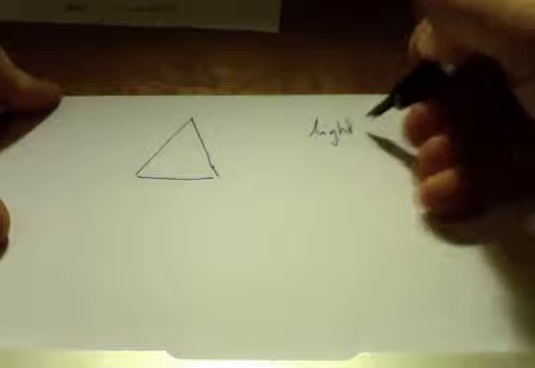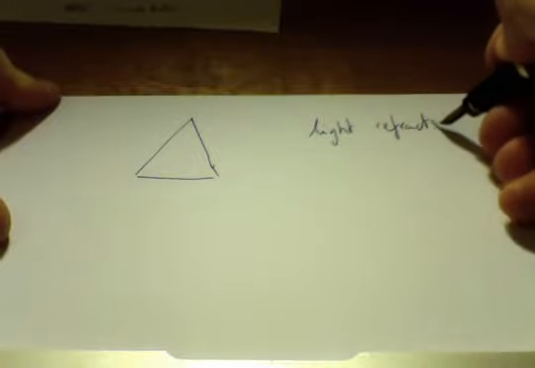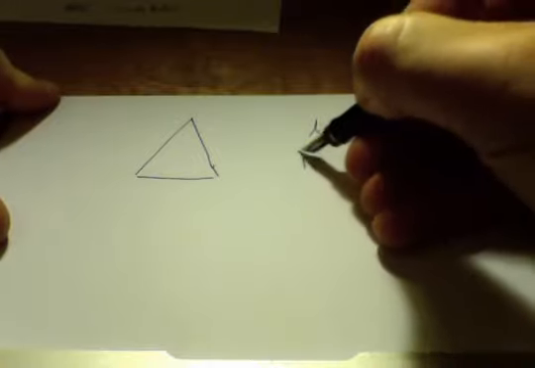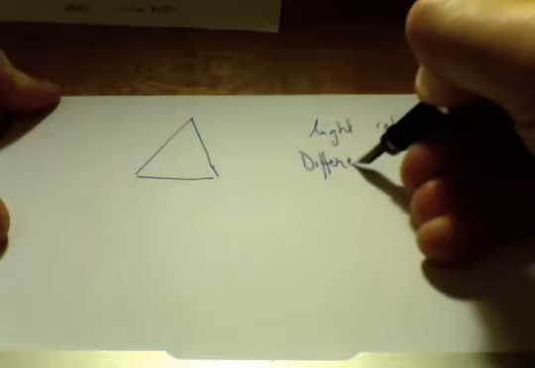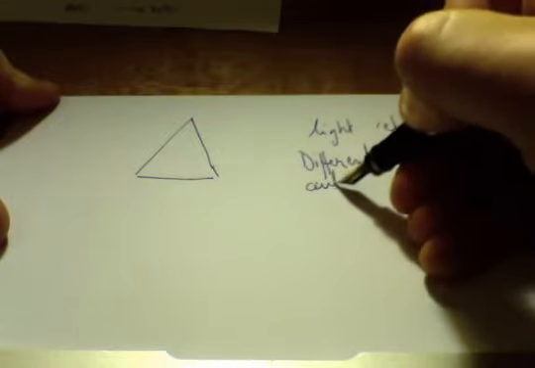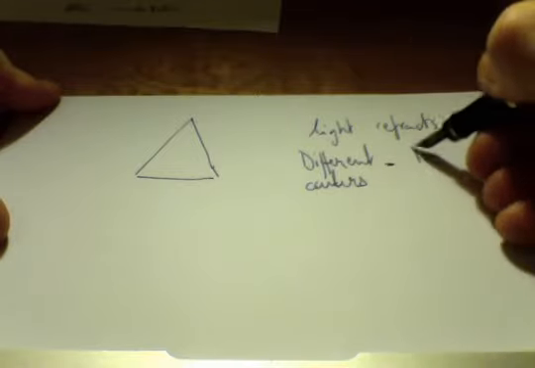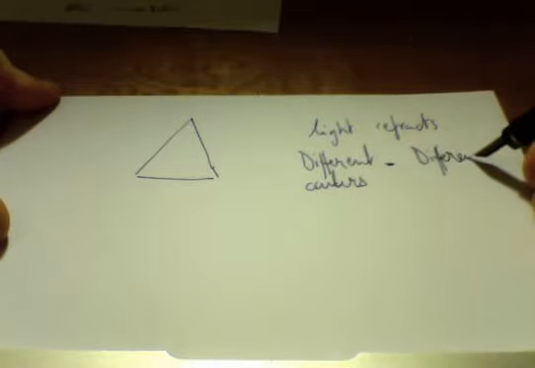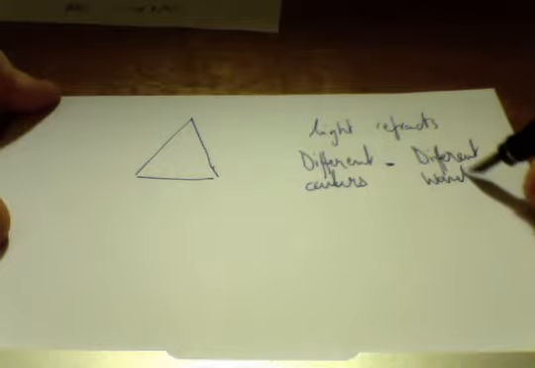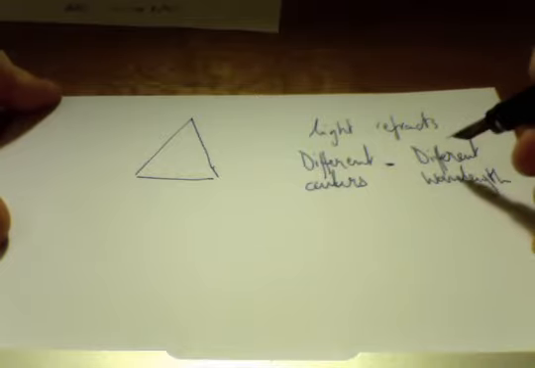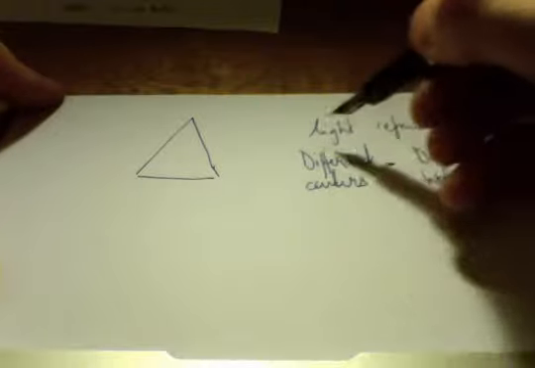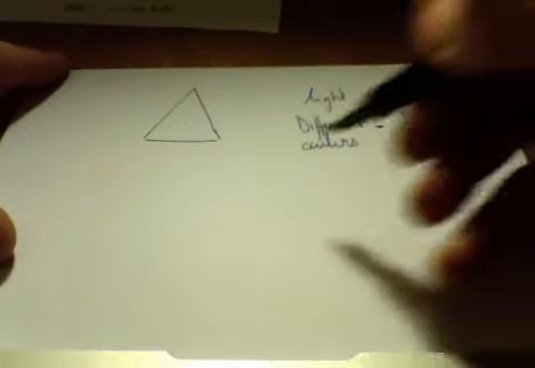Good, and the very last one that we talk about this very briefly is that as light refracts, different colours, which mean different wavelengths, they refract by slightly different amounts.